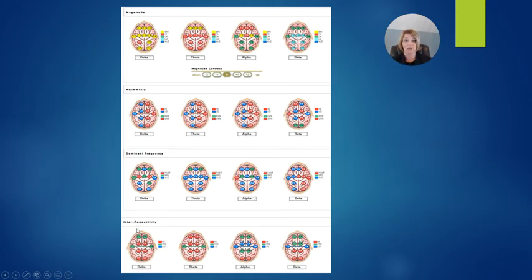The last parameter is interconnectivity. This parameter looks at how the brain areas are communicating with each other, specifically from the right hemisphere to the left hemisphere. Again, we want to see green circles down in interconnectivity. And when we do, it means that there's just the right amount and the right timing of communication between the hemispheres. When we see blue, it means that the amount of communication is low and the timing is slow.